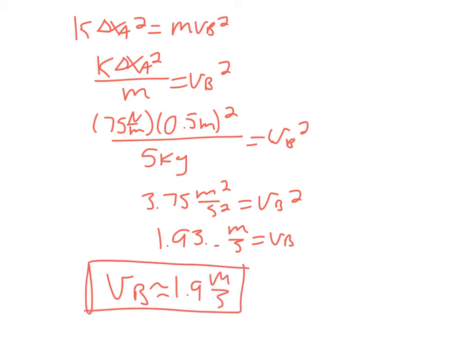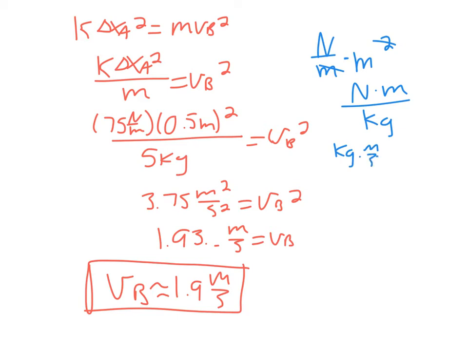Before I go on, let's take a look at these units. On the top, we have a Newton per meter times meters squared. So this becomes a Newton times a meter. And on the bottom, we have kilograms. Inside a Newton is a kilogram meter per second squared times meters over kilograms.